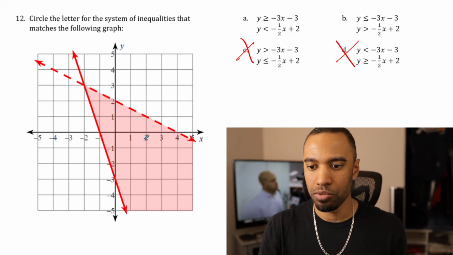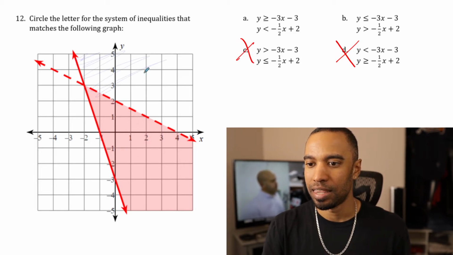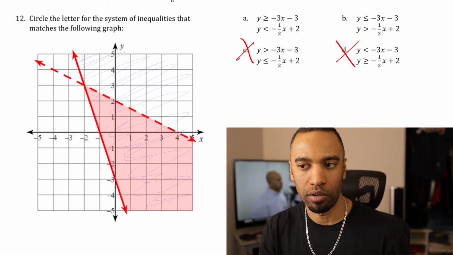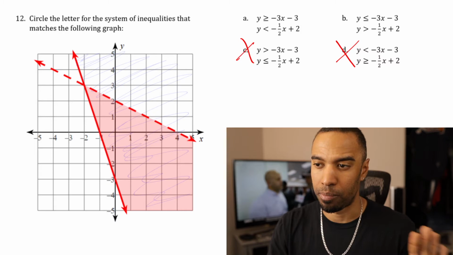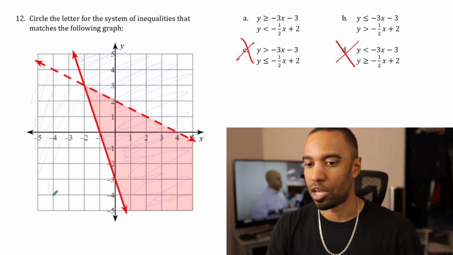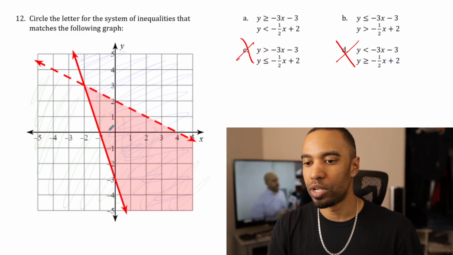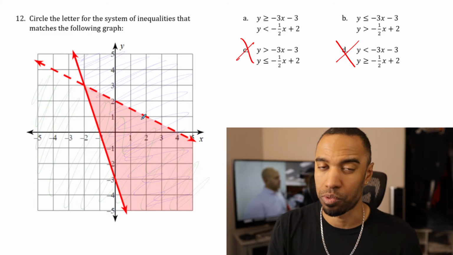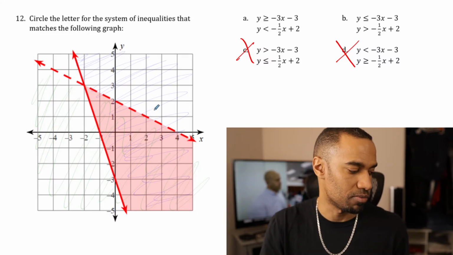So if I continued to shade above the line, that would include this up here, okay? I'm just showing you what the original shading would have looked like, if that makes sense, and also to make sense of the answer. Underneath the dotted line, though, means underneath the dotted line like this. So this is what the original shading would have looked like, and the intersection of blue and green is what's left over, and that's what they're showing you, the actual solution of the system.